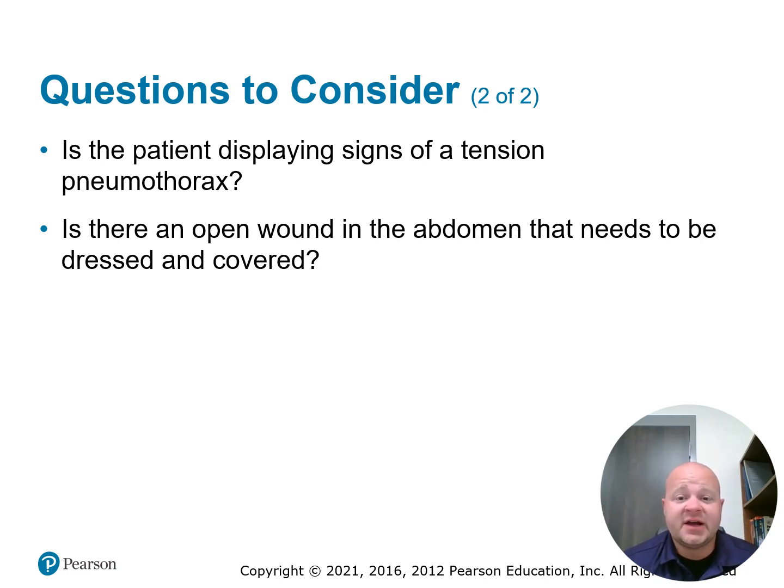And then the later signs being jugular vein distension and tracheal deviation. Is there an open wound in the abdomen that needs to be dressed and covered? Like we talked about with an eviscerated organ, we're just going to use a sterile dressing that we moisten with a sterile saline.